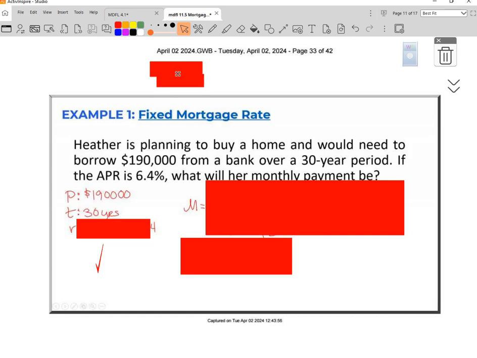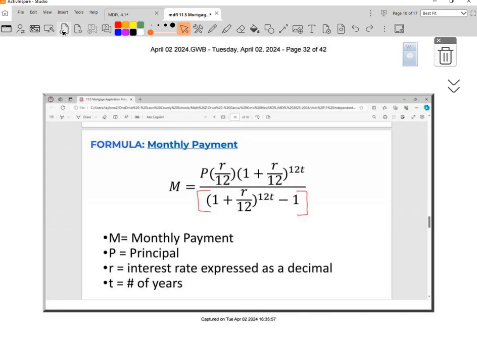Yes, 30. And what is the rate in this problem, Richard? 6.4. Yes, but as a decimal? 0.064. Yes. Okay, and then we're going to plug that into this formula here.